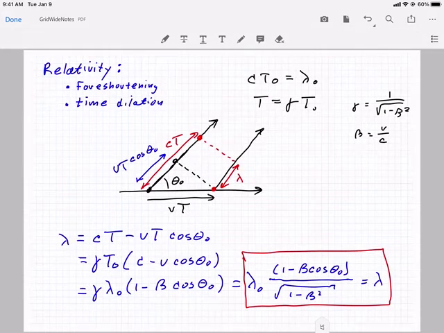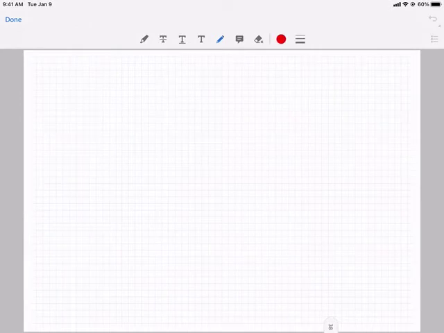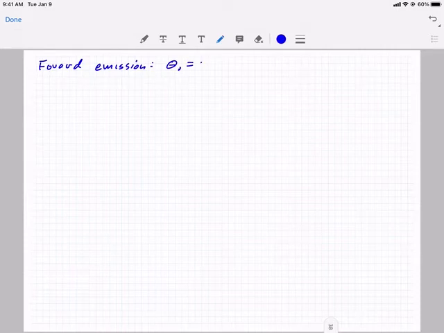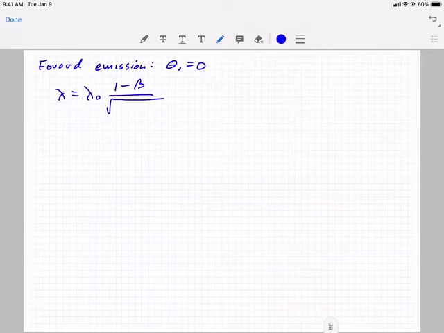Let me start with forward emission. That's when theta naught is equal to 0, and so I can just plug right in. So lambda is equal to lambda naught times 1 minus beta cosine theta naught, but cosine of theta is 1, so this just becomes a 1 minus beta on top, divided by the square root of 1 minus beta squared.